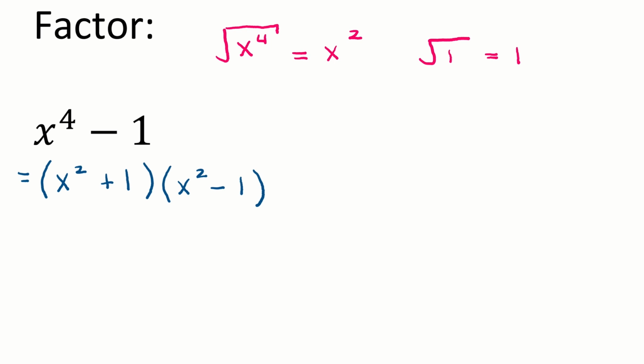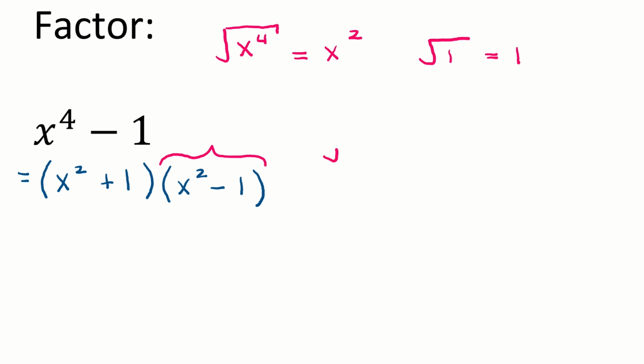Now the trick with this question is you can think you're done, but x squared minus 1 is still a difference of squares problem. We have a perfect square minus another perfect square. So what we've done here is we've created a second difference of squares, and we have to factor that in order for this question to be factored fully.